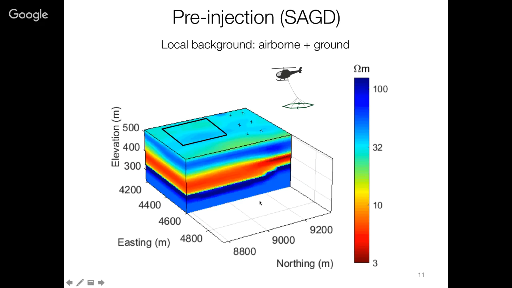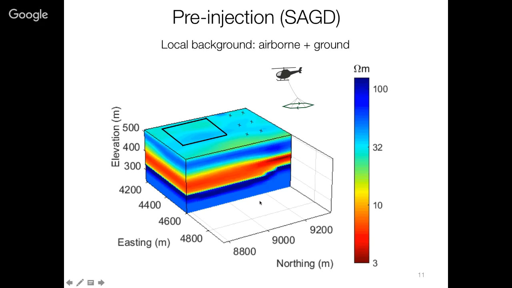So then, if we now have a pre-injection site, you're going to want to try to know what your background conductivity is, because ultimately you're going to put stuff in and you want to see if you can have some changes. So the first thing is to have a pretty good idea of what the background conductivity is.